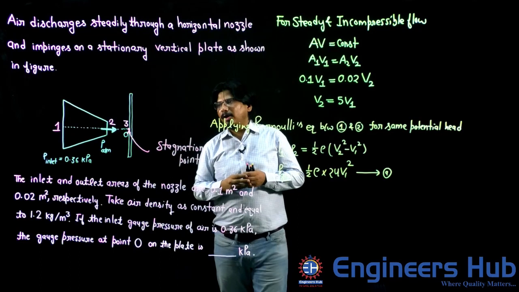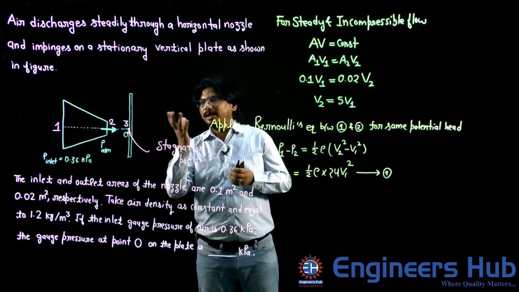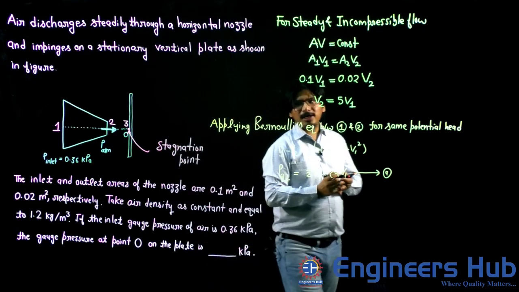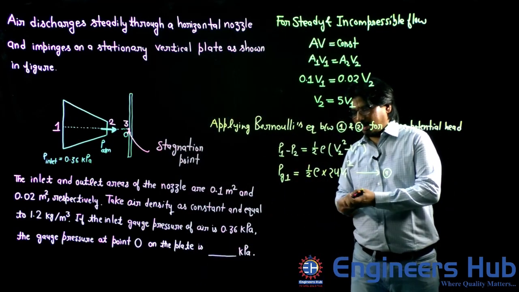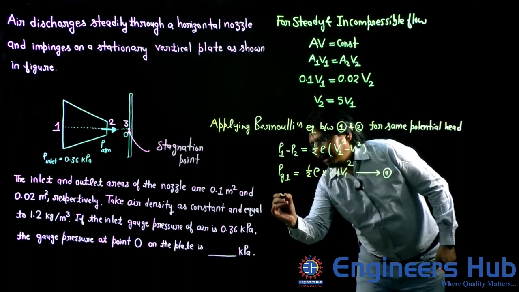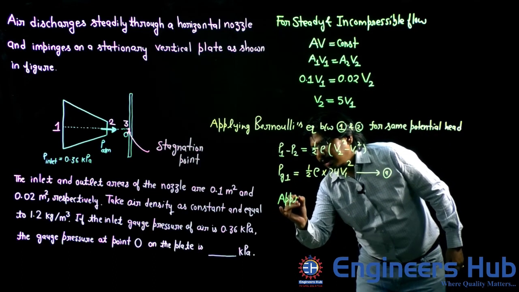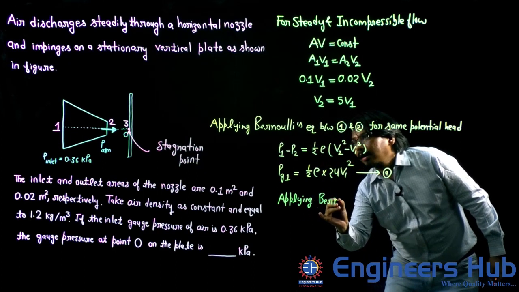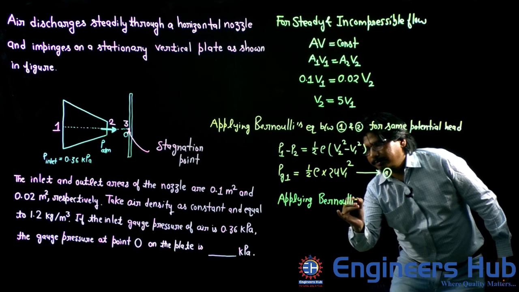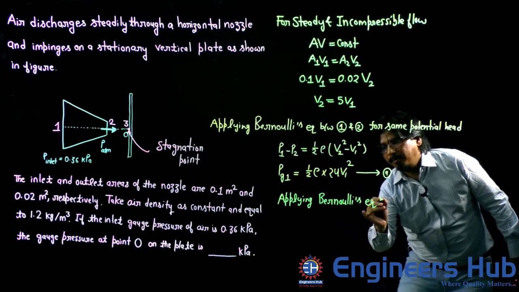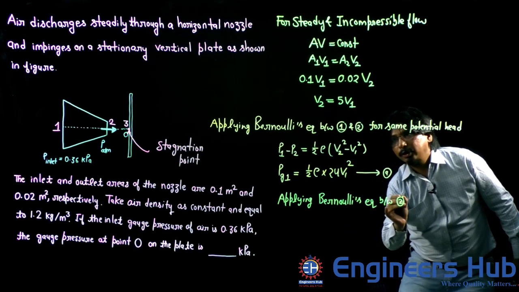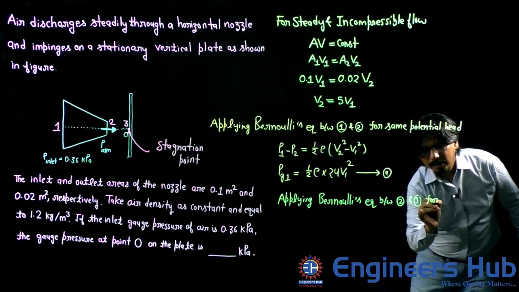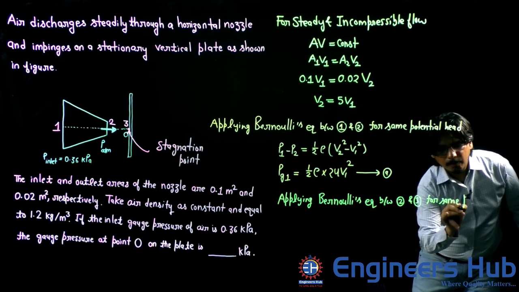Again, we can observe point 2 and point 3 have the same potential heads. So look here, my friends, I am writing, please observe. Applying Bernoulli's equation between 2 and 3 for same potential head.